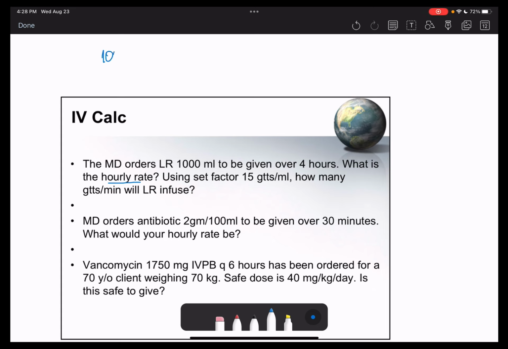It says that we have 1,000 ml over 4 hours. Straightforward, right? 1,000 divided by 4. Then you have 250 mLs an hour. Okay? And then, now we're going to calculate for the drop factor.